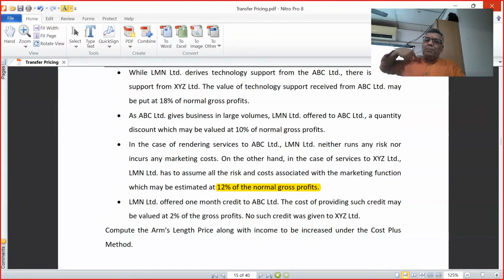So I will have a profit margin for the risk, which in the case of ABC I need not have, like warranty. I need not take care of that risk. They are only incurring that risk, so I cannot increase my profit. If I give to an independent party, I take the risk. While transacting with the AE, he is taking the risk. So to that extent, I should give him the discount.